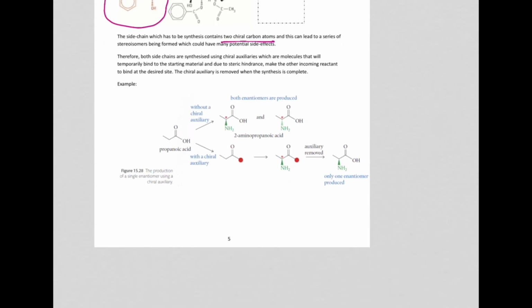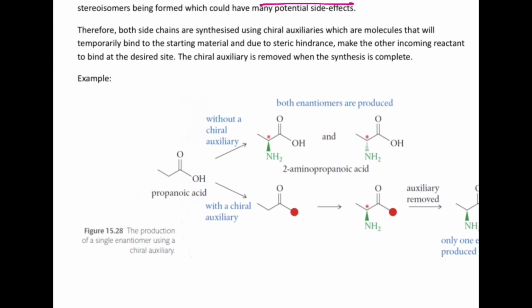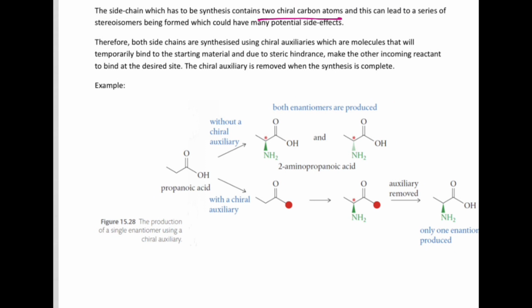What is a chiral auxiliary? A chiral auxiliary is a molecule that is temporarily bound to the starting material. Let's say I'm going to take a very simple example, propanoic acid. So I'm going to replace one of the H here by NH2.